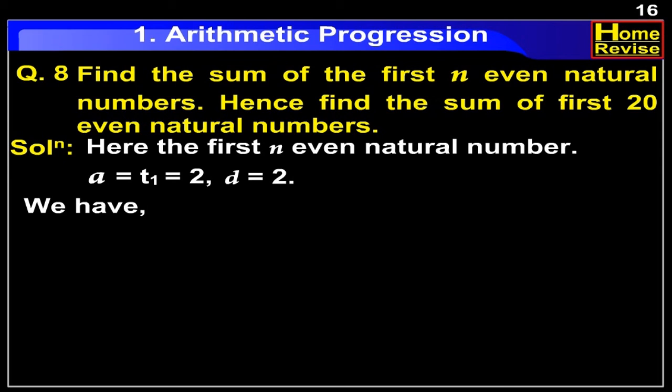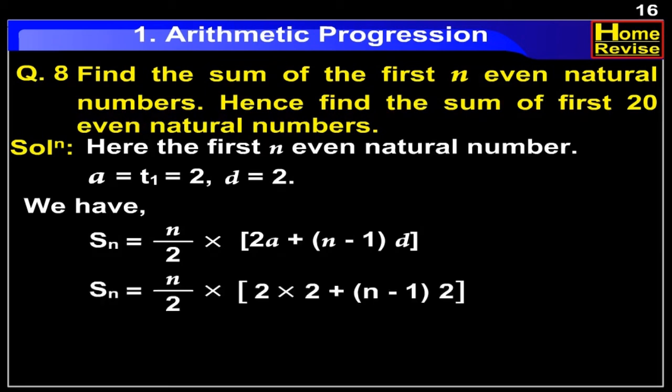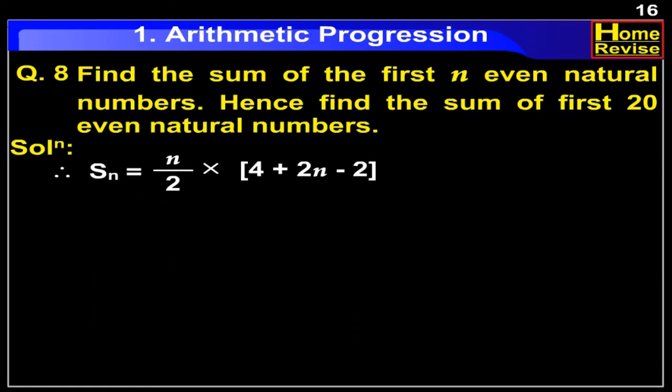We have Sn is equal to n upon 2 into 2a plus n minus 1 into 2. Therefore, Sn is equal to n upon 2 into 4 plus 2n minus 2. Sn is equal to n upon 2 into 2 plus 2n.